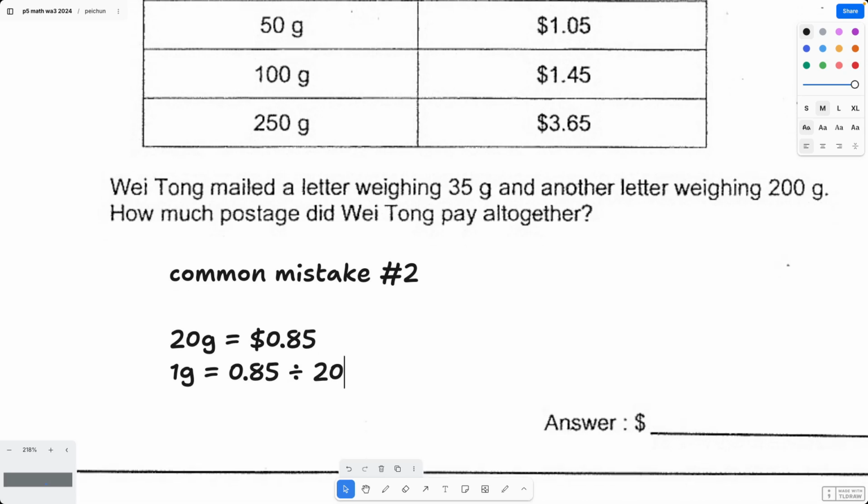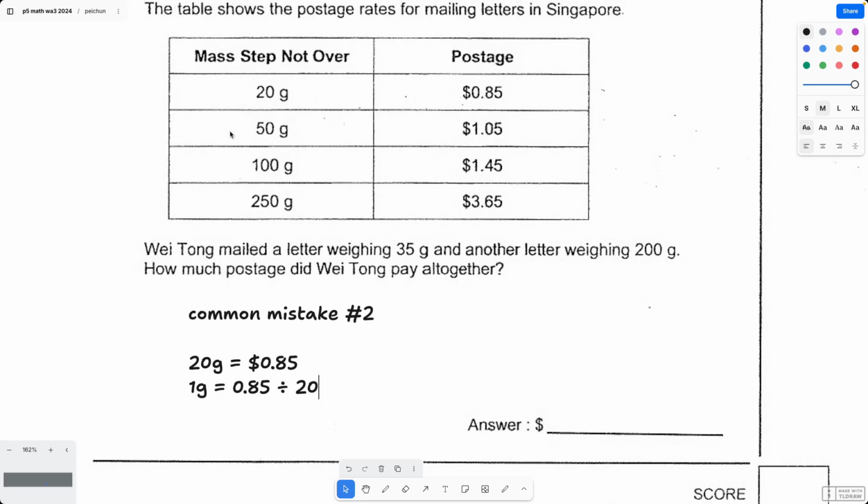We don't do that, because for this, if we have a 35 gram letter, we want to know which of these it will fit in. So that means mass step not over 20 grams.